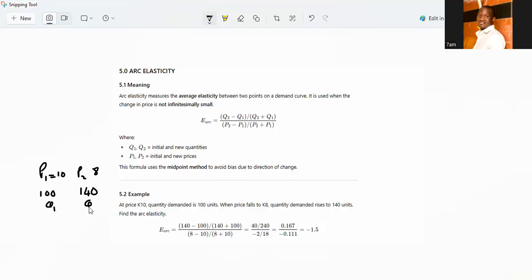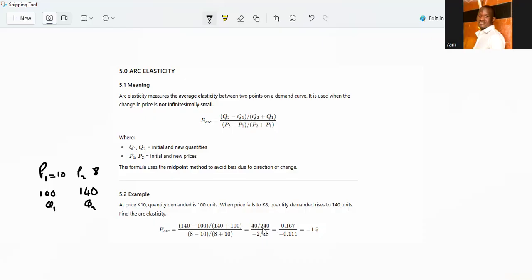What is the arc price elasticity of demand? Using this formula, Q2 minus Q1, so 140 minus 100 over 140 plus 100, divided by P2 minus P1, so 8 minus 10 over 8 plus 10. The 2 for the average will cancel out, so you can leave it as it is.